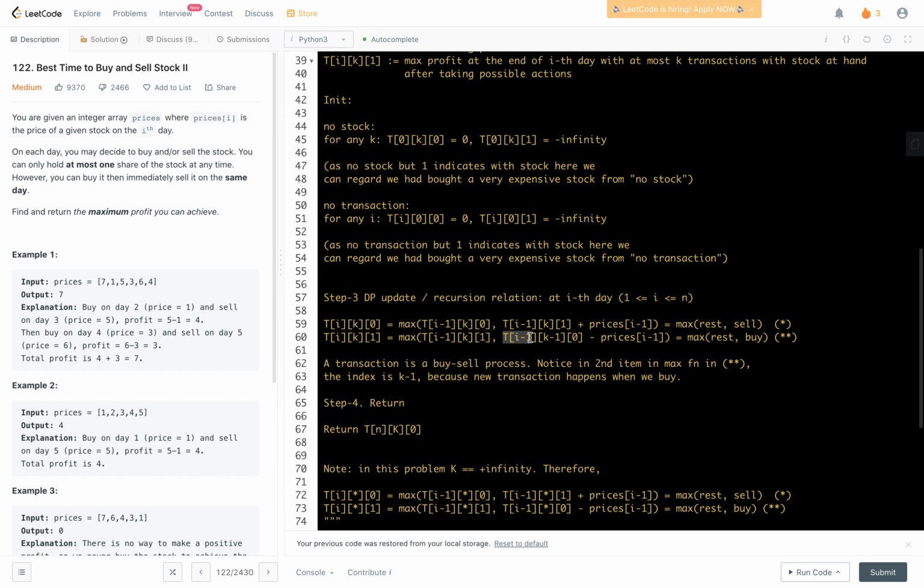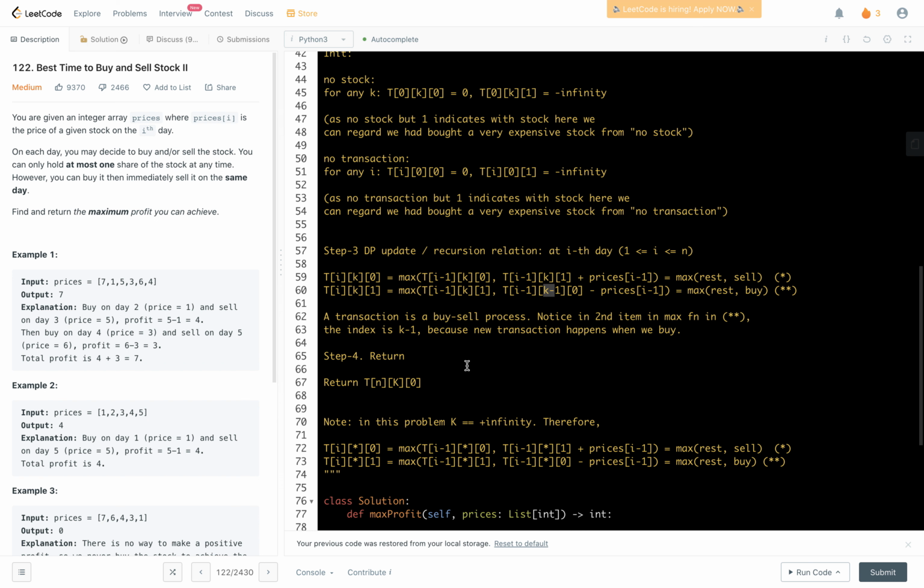And the second item corresponds to the fact that we buy a stock at day I. The reason is that at the end of I-1 day, we do not have stock, so we choose to buy one in order to have a stock. If we buy, this is the start of a new transaction, so here we allow at most K-1 transactions. So that's the DP update rule or the core logic for this series of problems.